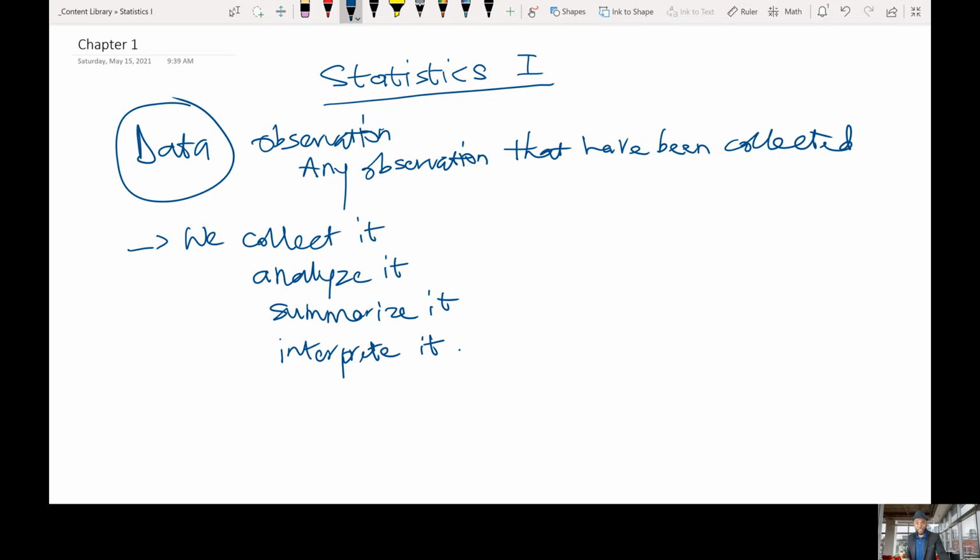And after doing your interpretations, we make a decision. So based on these interpretations, we make our decisions based off the interpretation. So we become decision makers.